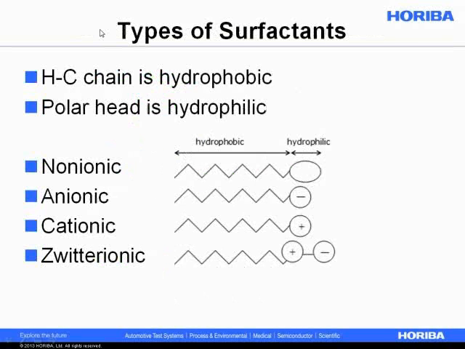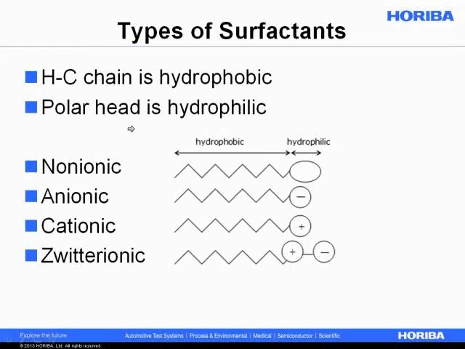Let's look a little more closely at surfactants because we need to choose which surfactant we might use for a given powder-liquid mix. These are just some pictures again of surfactants where we have the hydrophilic head and the hydrophobic tail. The tail is usually some kind of a hydrocarbon chain and the head is typically polar.